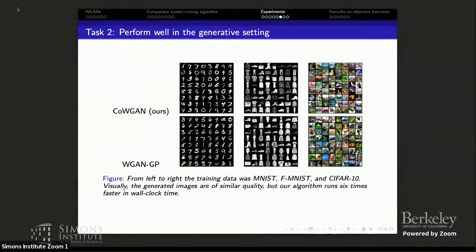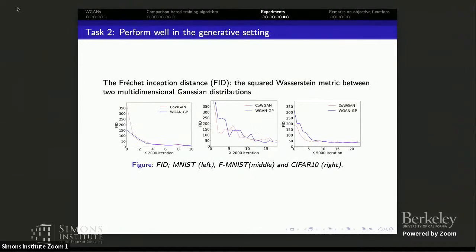So there is one measure which is called the FID metric. I cannot say that this is the perfect measure to quantify the quality of images, but this is just the squared Wasserstein metric between two multidimensional Gaussian distributions.